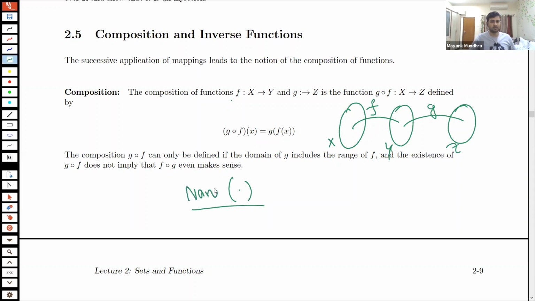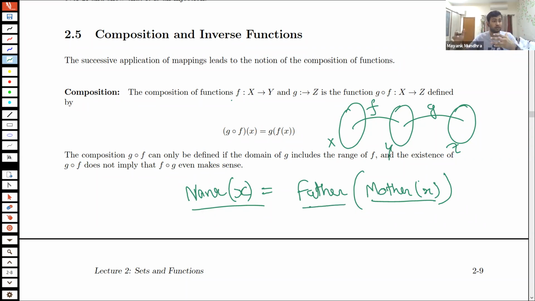Nana of any person X is father of mother of X. So you find that person's mother, and for that mother you find her father. So the father of the mother is the Nana. So the function Nana is just a composition of father and mother functions.